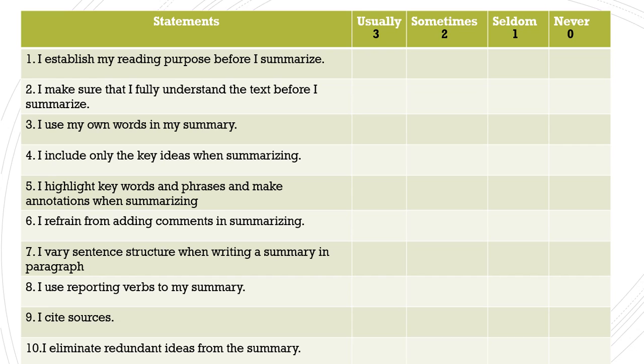Number 6, I refrain from adding comments in summarizing. 7, I vary sentence structure when writing a summary in paragraph. Number 8, I use supporting verbs to my summary. Number 9, I cite sources. And number 10, I eliminate redundant ideas from the summary.